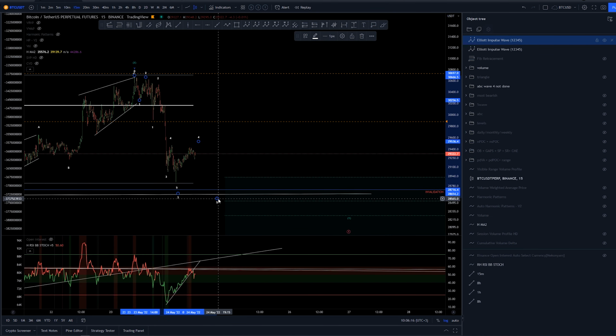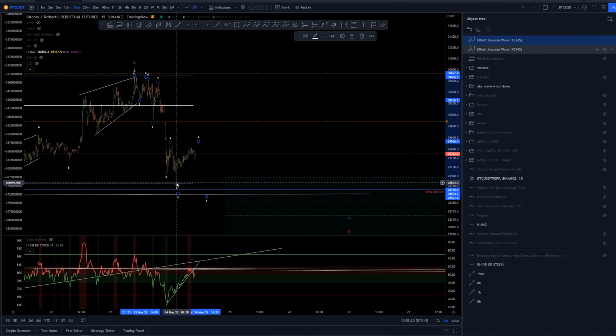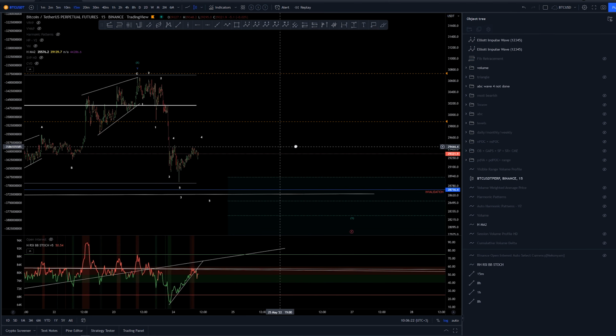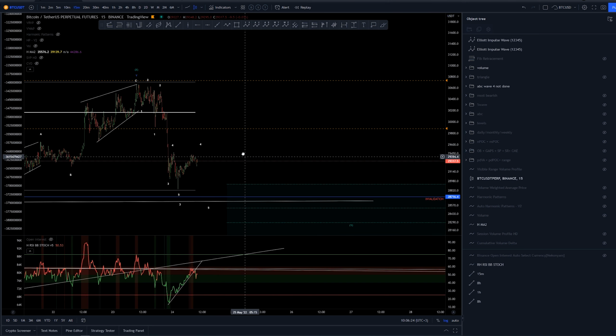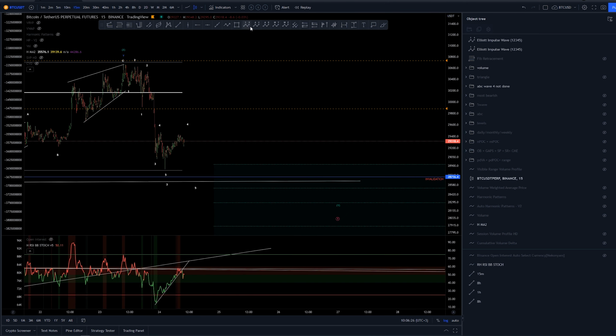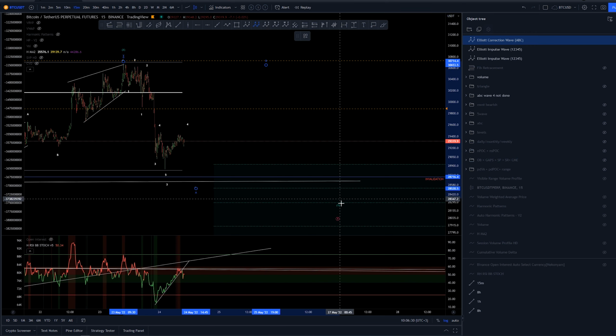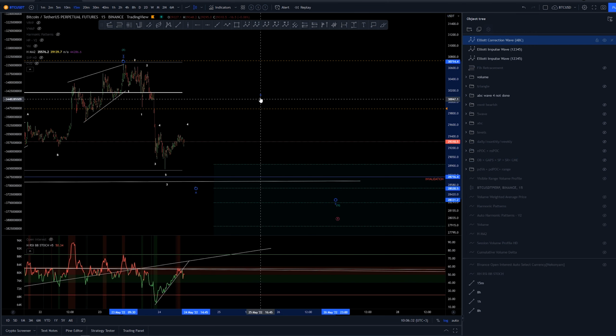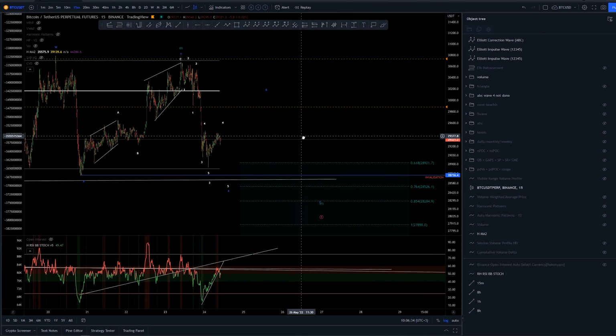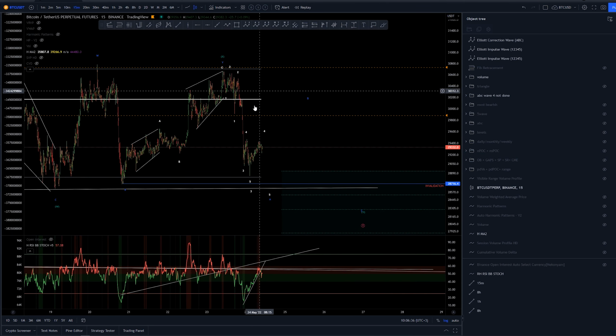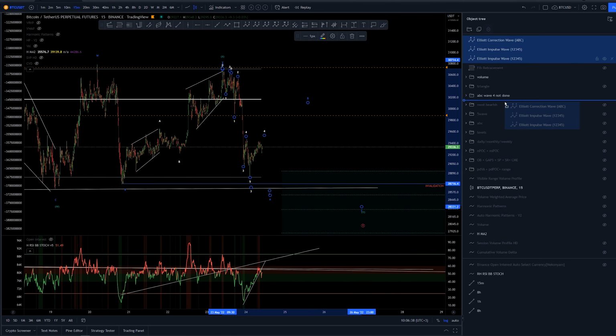At this point we would again look for divergence between the 3rd and 5th here, yeah, that would complete the wave A of this structure. So we would have an A, B and then C. And that is pretty much the thing I'm looking for here at this very moment.